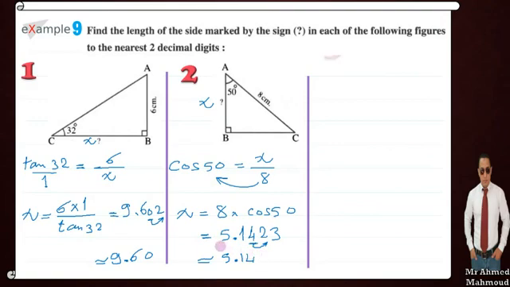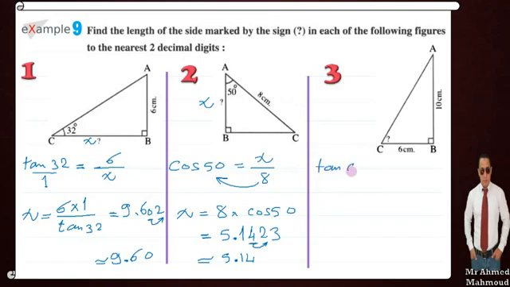Okay, number 3. Here angle C is the required. We have its opposite and its adjacent. Opposite and adjacent, it's tan. So tan C equals 10 over 6.